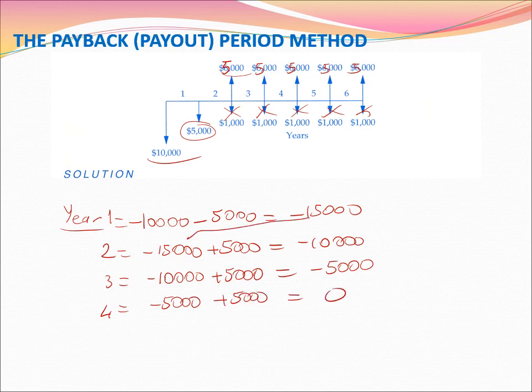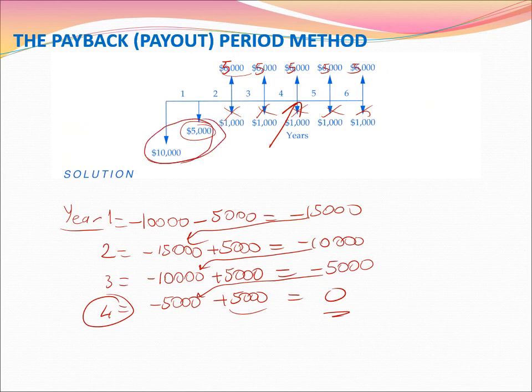So what happened? It means that at the end of year 4, I earned a total revenue which is equivalent to my investment and expenses. And this is the payback period.